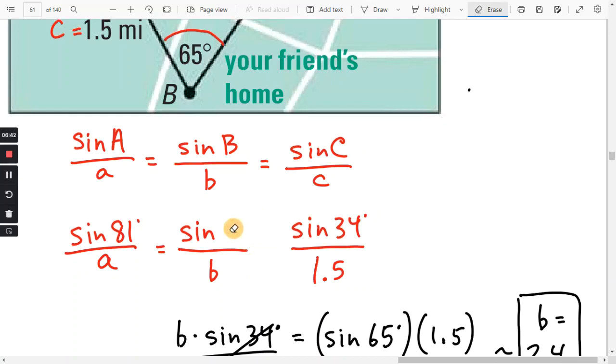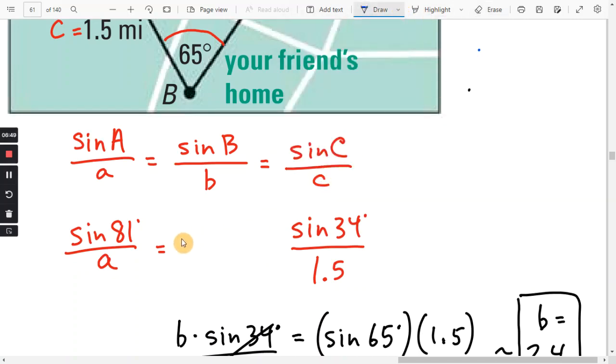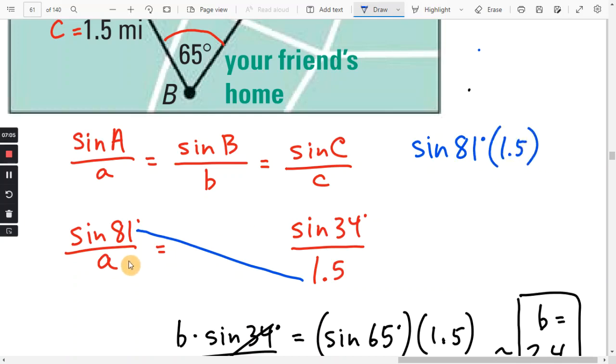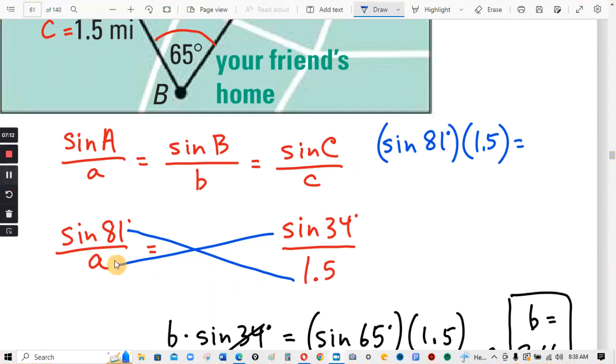I can just erase this for now, and we're going to cross multiply these two. Top times bottom, we have sine of 81 degrees times 1.5, and that's going to equal a times the sine of 34.